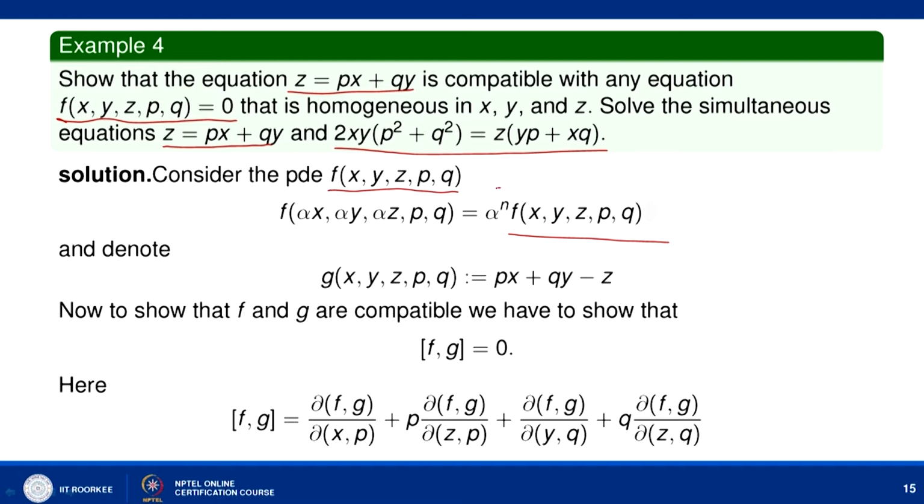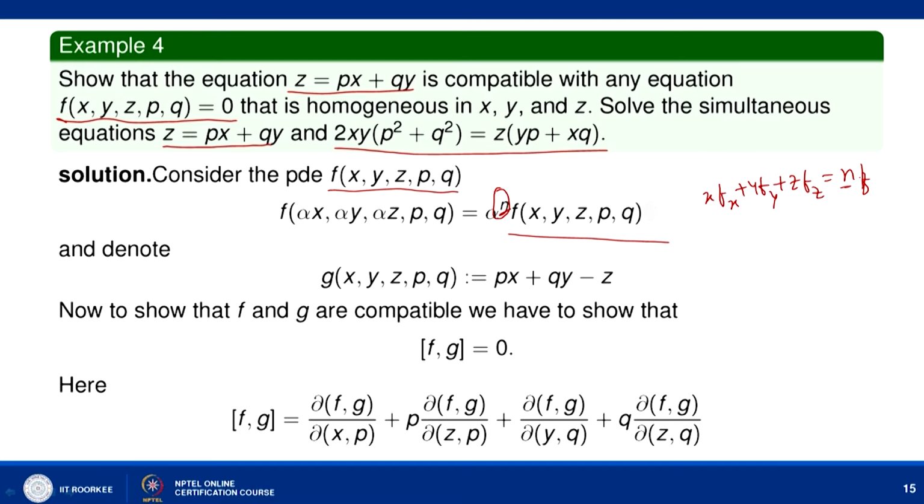In this case we say that f is homogeneous in x, y, z of degree n, where n is the power of alpha. By this we can find the degree, and there is also one very important relation: if f is homogeneous in x, y and z, then x f_x plus y f_y plus z f_z is equal to n times f. Here n is the power of alpha, and we call this the degree of homogeneity.